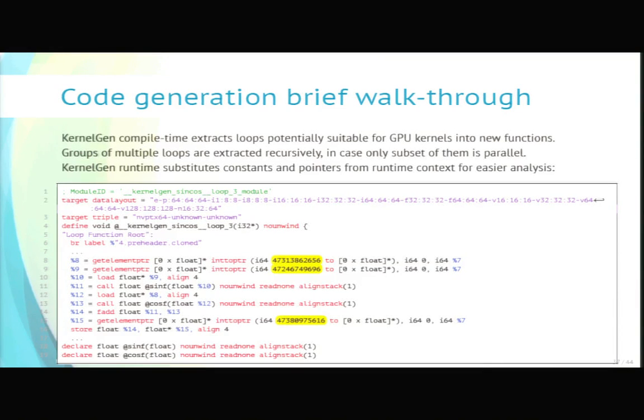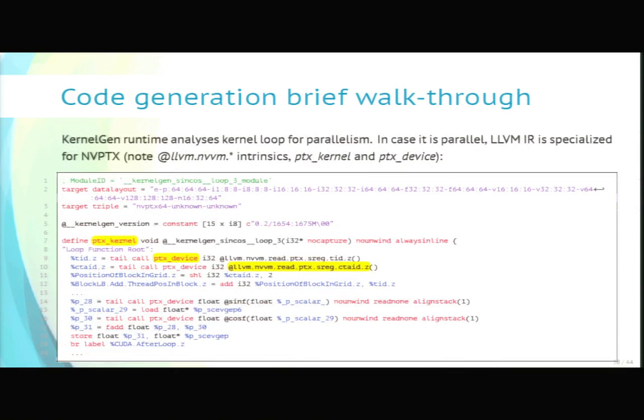So here we have an extracted function with substituted values for pointers and dimensions. And in case this loop has independent iterations, the LLVM IR is specialized for GPU code generation.